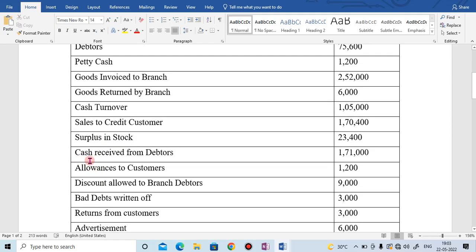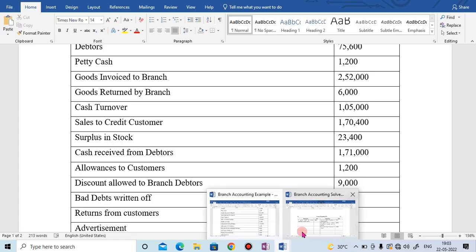Next is cash received from debtor. So this will come in branch debtors account. Cash received from debtors means collection from customers, collections from debtors. The amount is 1,71,000.